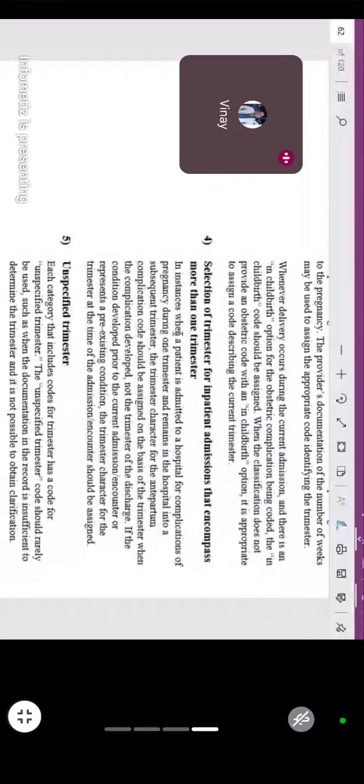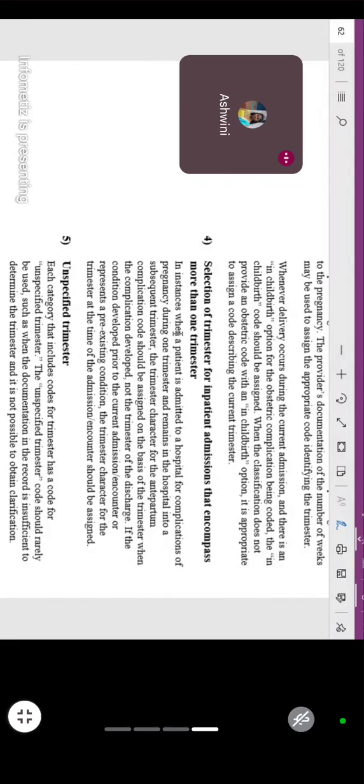She was admitted because of some complication. Today she is getting discharged. Today is 14 weeks, 2 days. What is that? It's the second trimester. She was admitted in the first trimester, right? Today what will you code for her discharge summary? Will you code first trimester or second trimester? Second trimester. Logically, we should code second, right?